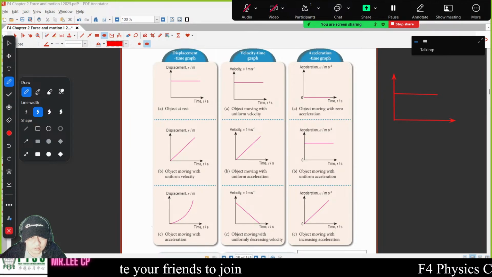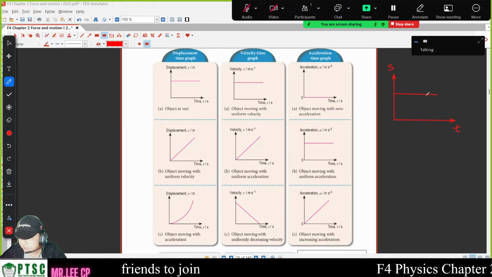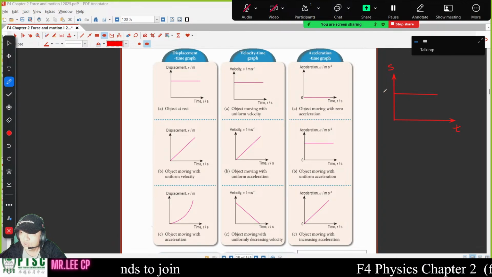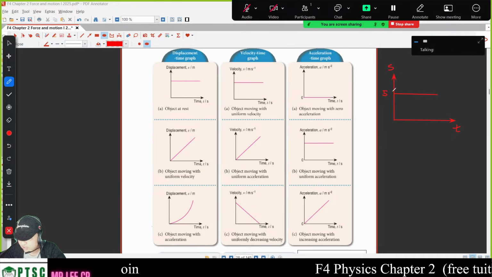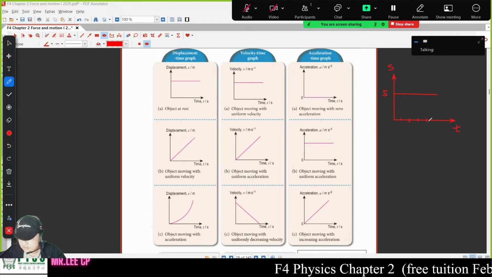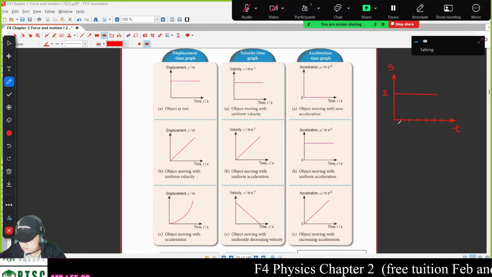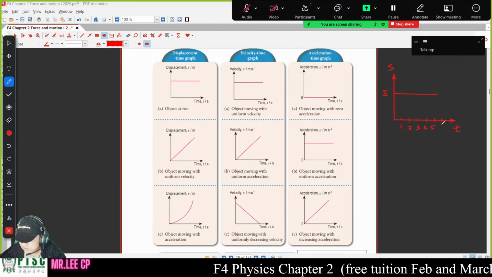So this is S, this is T. Right? Displacement time graph. All right. So I put in a number. Let's say I put it as 5. Okay. Now this is time. 这个是时间. So the first second, second second, third second, fourth second, fifth second, sixth second.